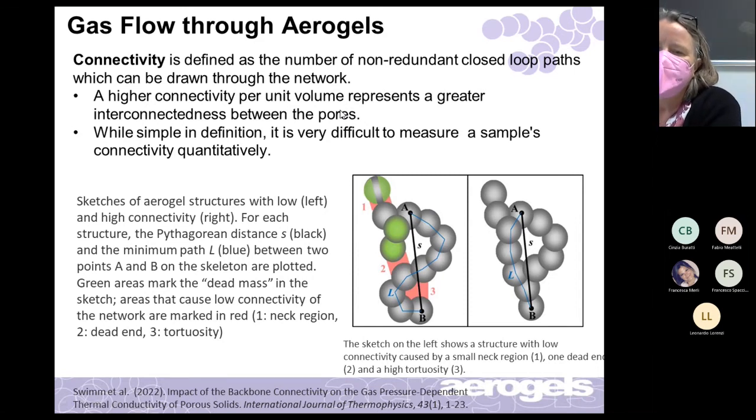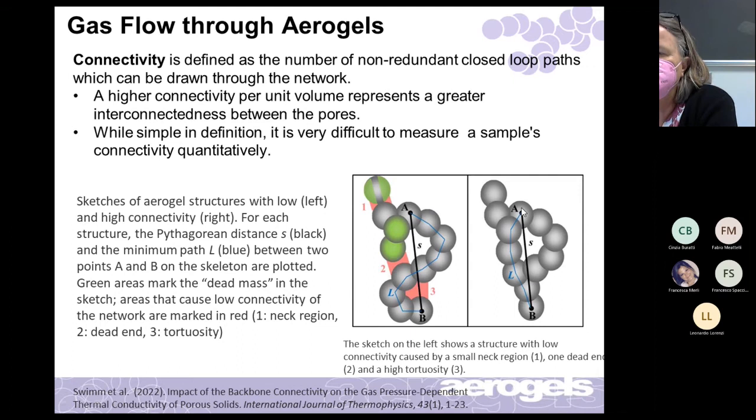So low connectivity is shown here, and higher connectivity here. If we look at points A and B on each one, the black line represents the straight distance between them.